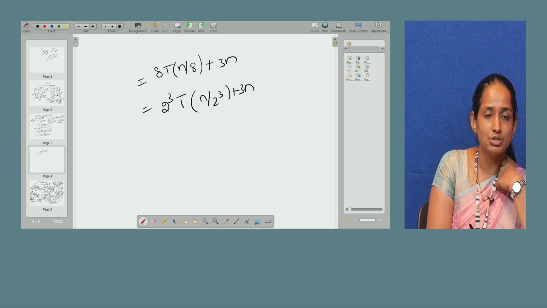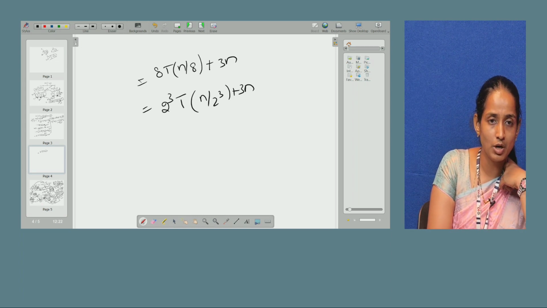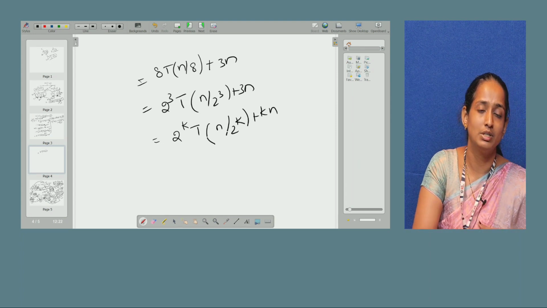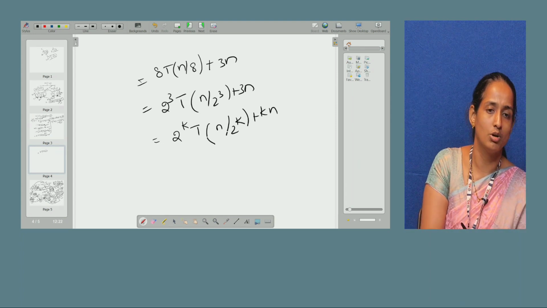To compute the time complexity we need everything to be represented in terms of n. So I can make this equation with some constant, like 2 power k into T of n by 2 power k plus k into n, by substituting the value 3 with some constant k.